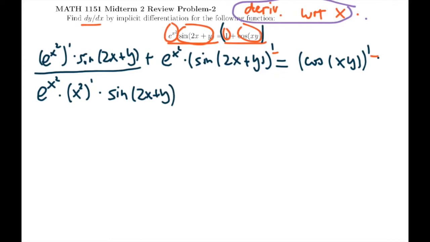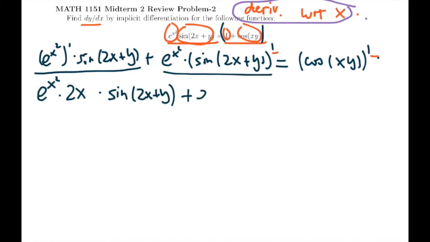Because x squared prime is just 2x, I'm going to replace this part with 2x. Now we take care of the other piece on the left-hand side.